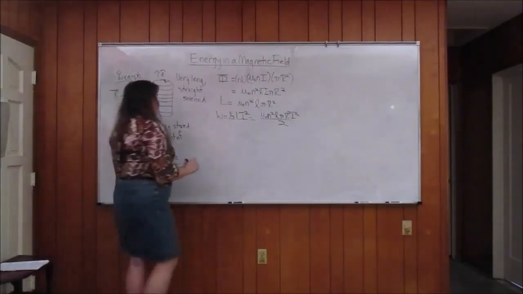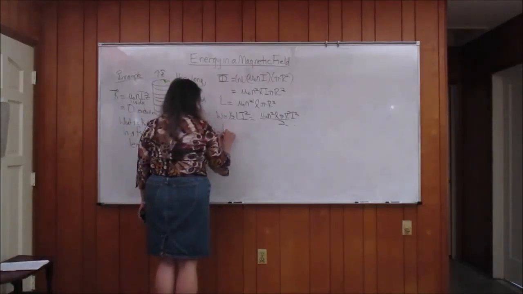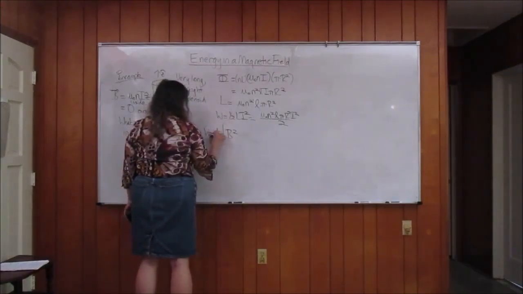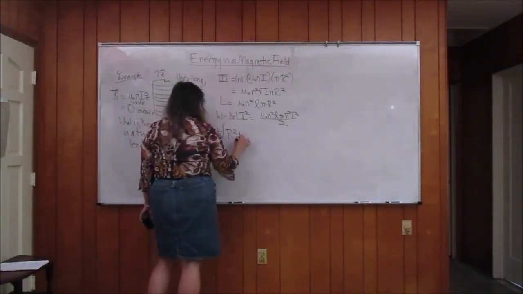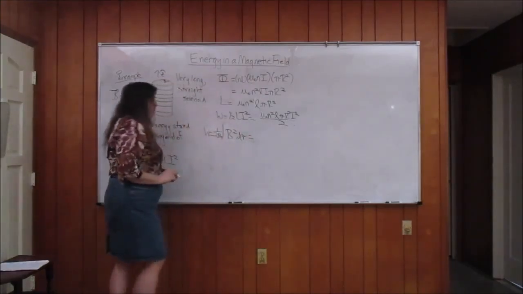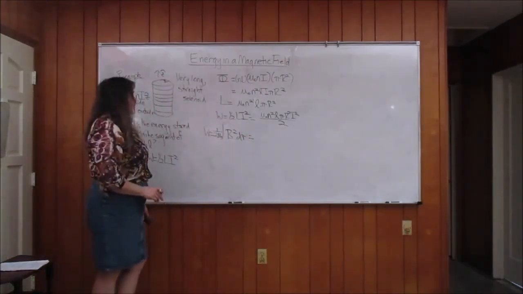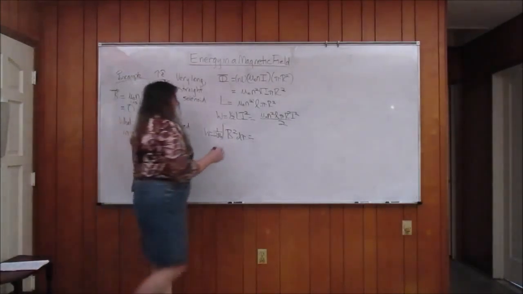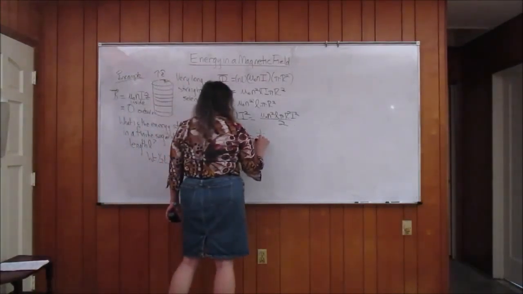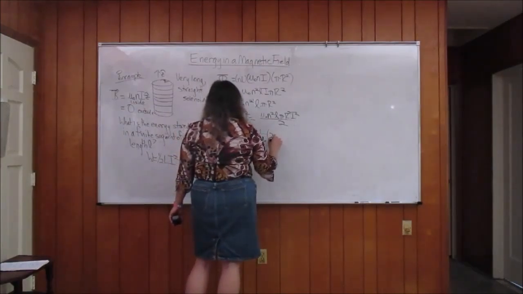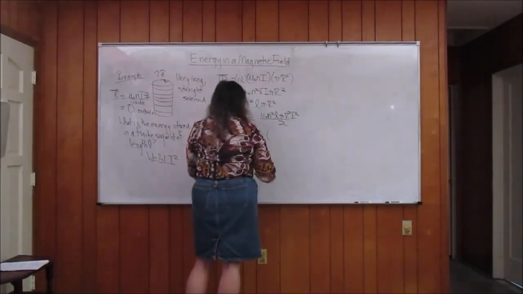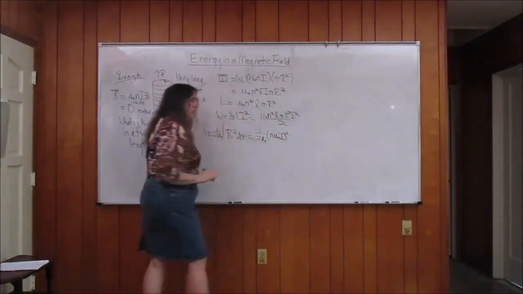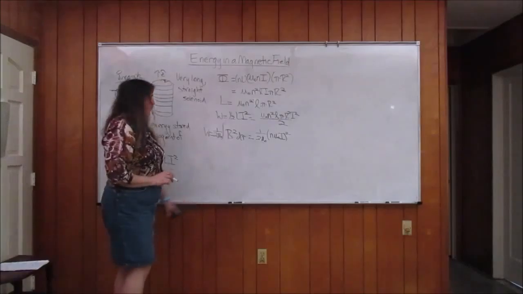The other way of determining the amount of energy stored is to use this expression. One over 2μ₀ B squared integrated over the volume. Now, once again, the magnetic field is uniform, so that's 1 over 2μ₀ times (nμ₀I) quantity squared times the volume.